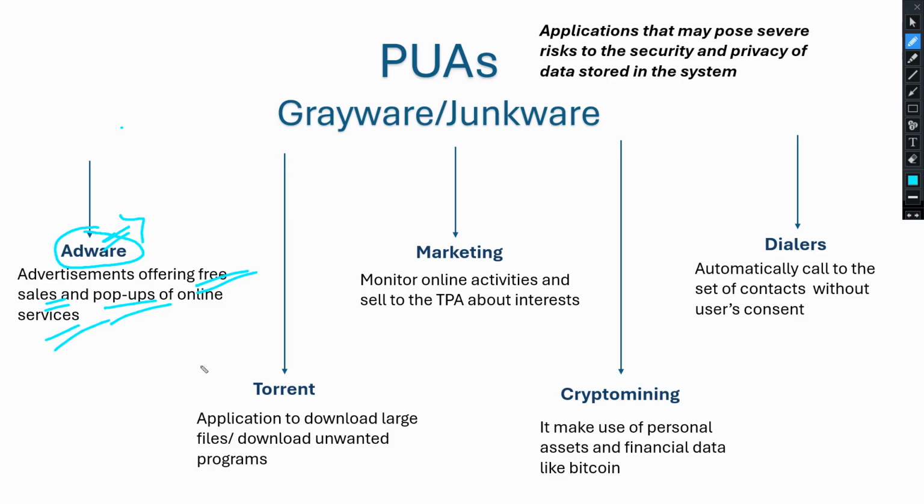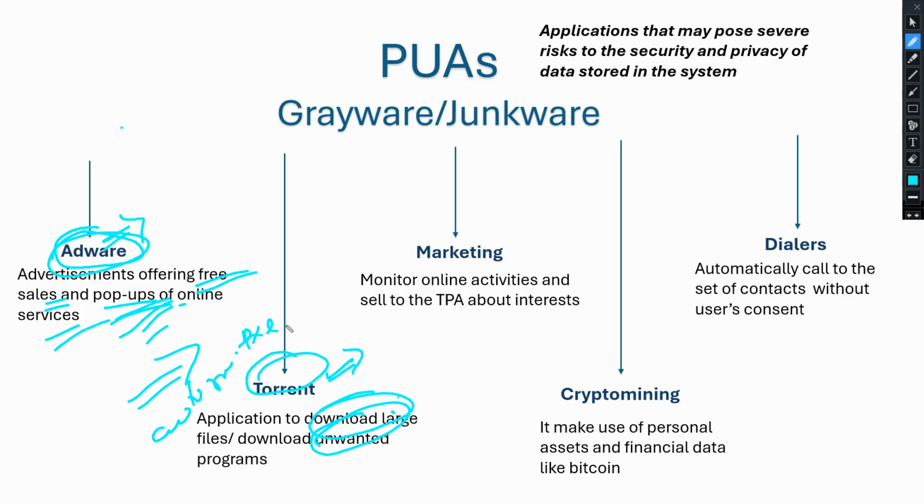You can open any website and you will see pop-ups there, services, sales going on like this. These all are the adwares. Then we have torrent. Torrent is basically used to download large files, and it downloads unwanted programs without the consent of users, because with the file there is an autorun.exe also and you are not aware of this. This may compromise your security.